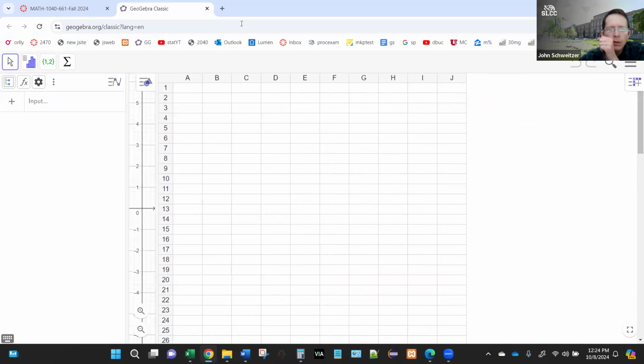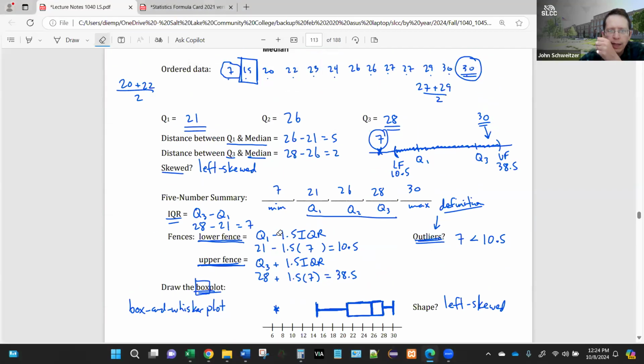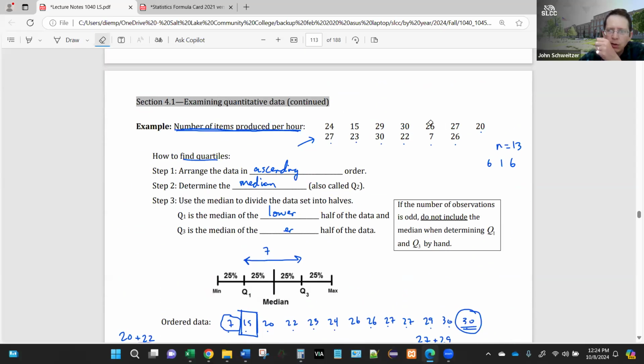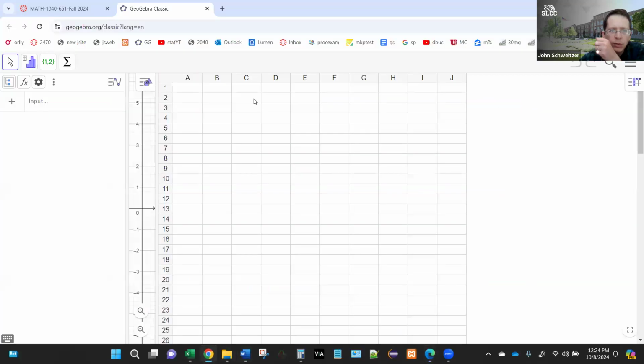And, like I was saying before, if you can copy and paste the data into GeoGebra, great. And usually the software for the homework will allow for that. But with PDFs, it's kind of hard to cut and paste sometimes. So I'm just gonna type in this data here. Okay, so this is the same data set, and I'm gonna type it into GeoGebra here.